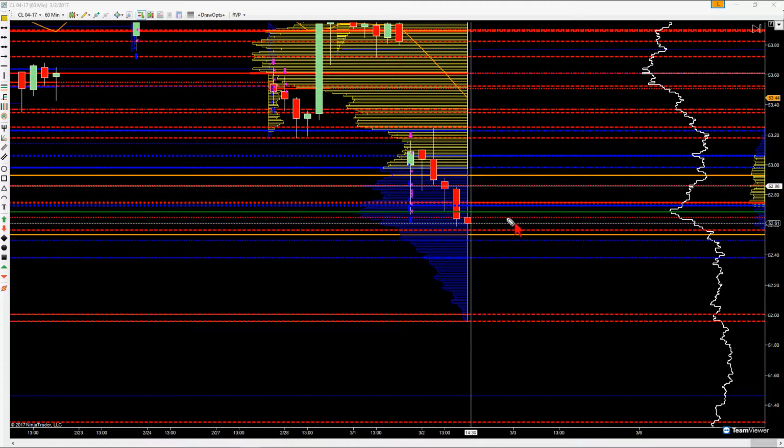Hypo 3 is going to be an open with chop, push towards yesterday's low, towards the high volume node, see if we can chop and hold, and then look for a push back up, testing overnight high, and then at that point you're basically back to the hypo 1 scenario.